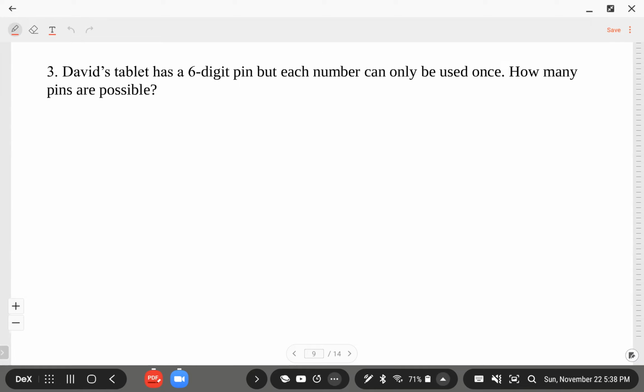That's very normal, but each number can only be used once. Can't use it over and over again. That's a very weird pin, though. It's probably not going to happen on a real iPad, but for the sake of the question, let's do that. How many pins are possible if each number can only be used once? Pay attention, only be used once.